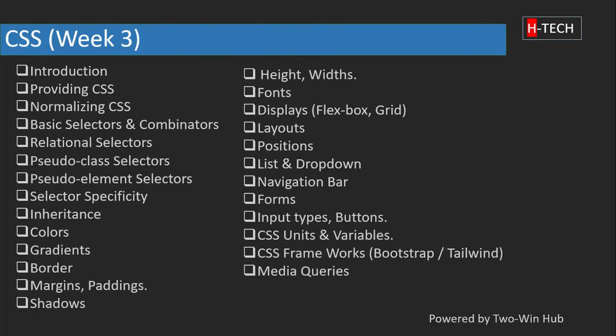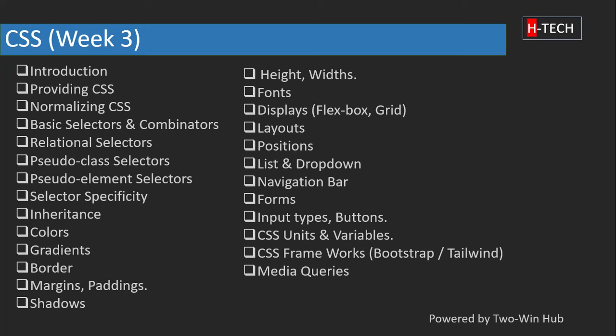Then for CSS, we'll look at how we can introduce or provide CSS to our web page. Basic selectors that are there, combinations of selectors also, selectors that relate to one another, elements or entities, pseudo-classes, pseudo-elements, how you can specify selectors for a special thing, inheritance, how styles can be inherited.